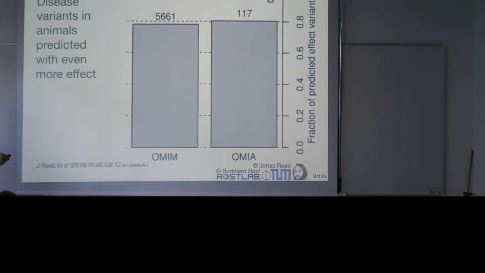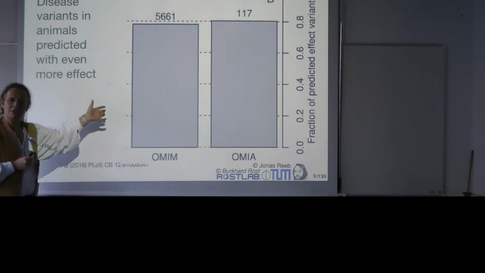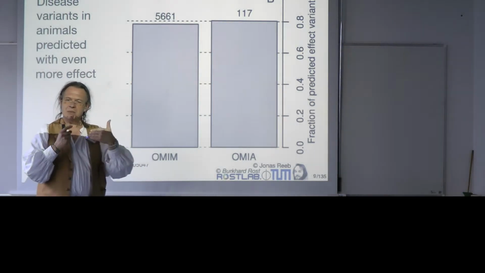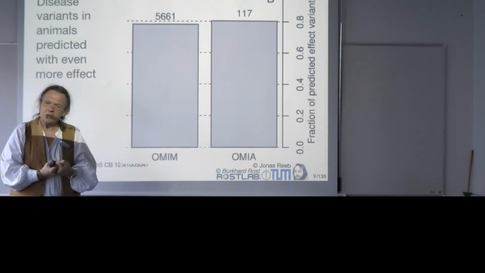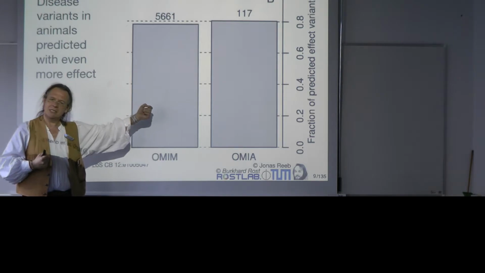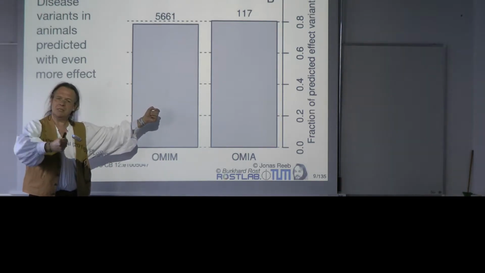Those methods mostly use essentially OMIM, because 5,600 measurements for human proteins you actually don't have. So when these methods are developed, at least on the level of effect, they're mostly trained on variants that have an effect on a disease.